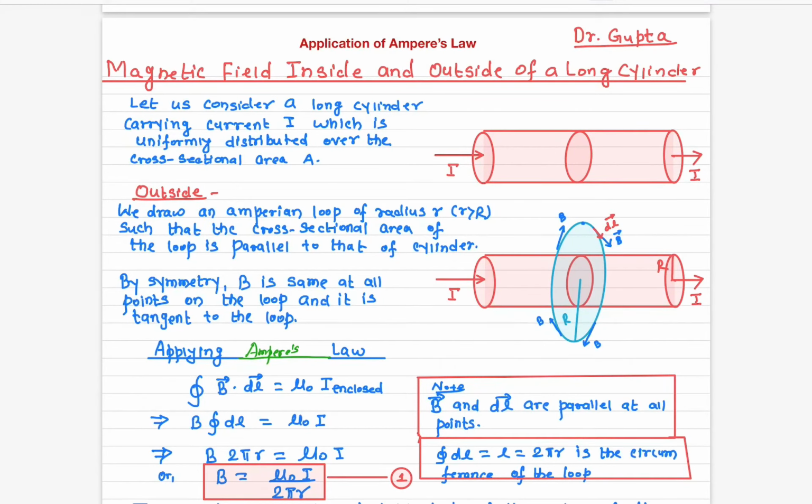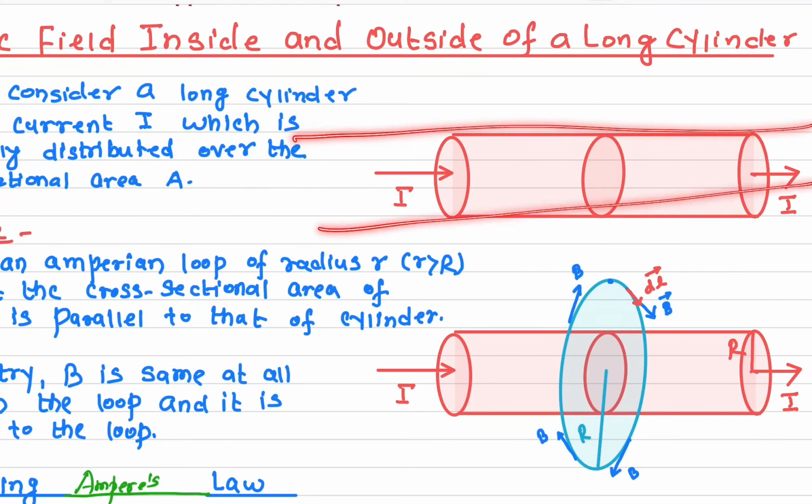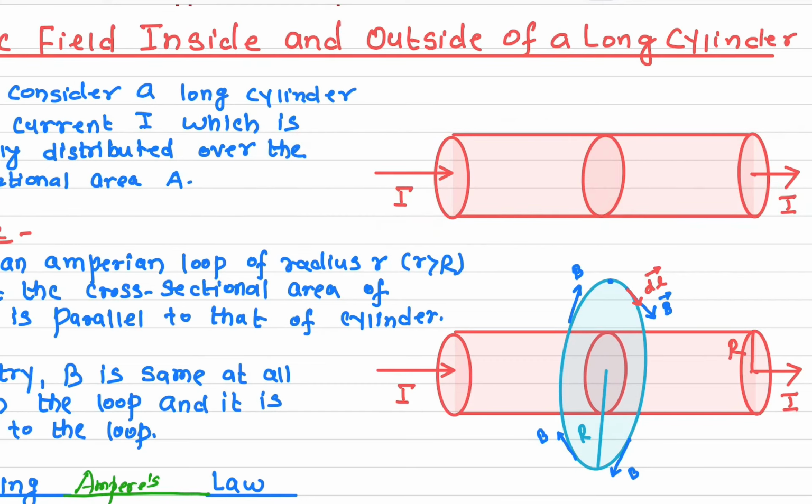And the one thing I would like to mention at the end is why we are choosing a long cylinder, not a short one. The answer is, if we choose a long cylinder, then there is no fringe field. If you have a short cylinder, then there will be a fringe magnetic field as well.